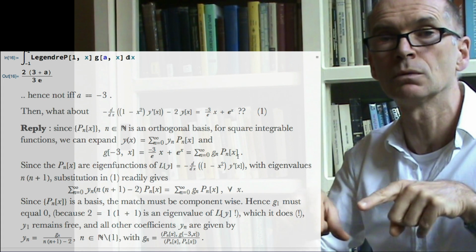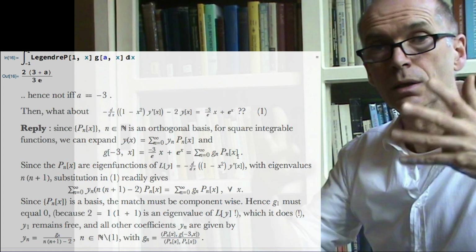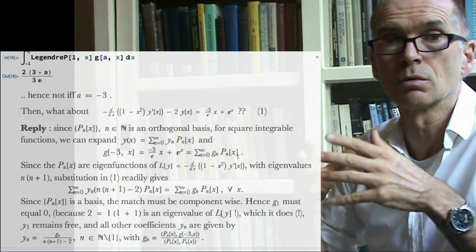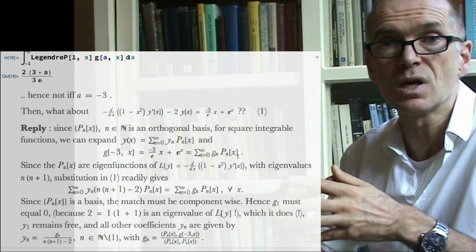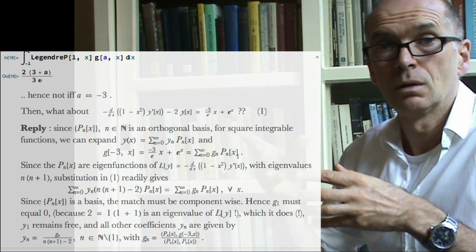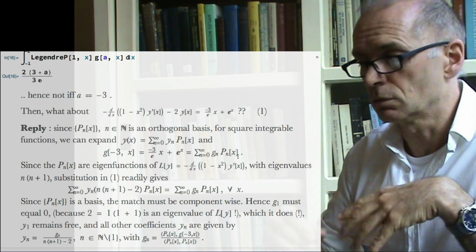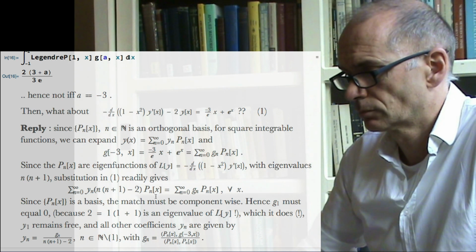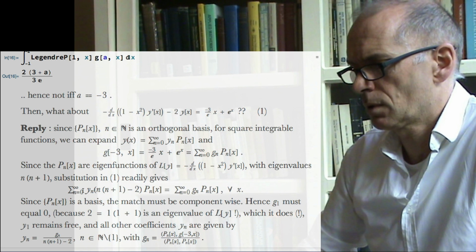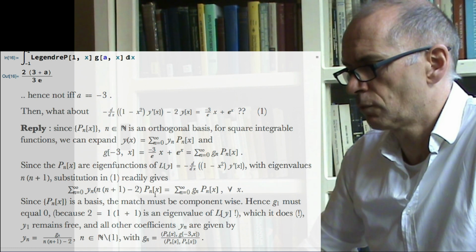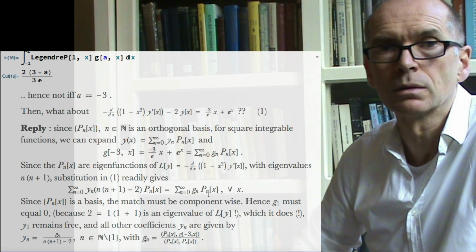But if the vectors are equal, the components must be equal, because it is a basis. Hence the expansion is unique. So there's only one way that you can expand each vector, or each function in this case. So if the functions are equal, the coefficients must be equal with respect to that basis. So for each value of n, what you get here as a coefficient of that Pn must be equal to what you get over there as that coefficient of Pn.